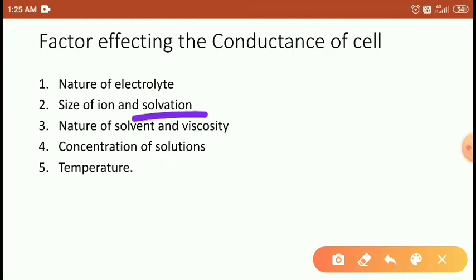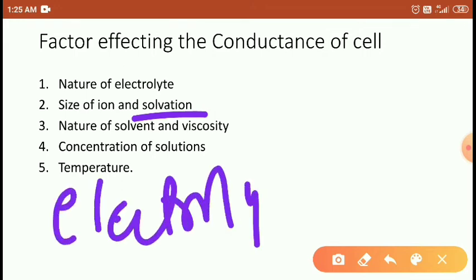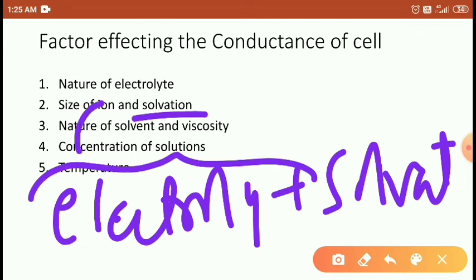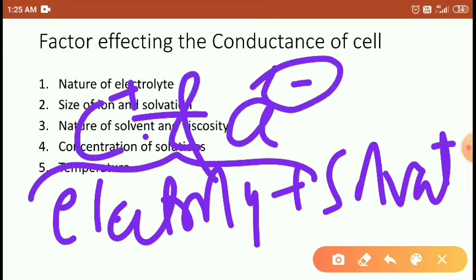Next is solvation. Solvation means that when a strong electrolyte is added to water, it reacts with the solvent. The electrolyte particle after dissociation forms cations and anions, and these cations and anions can interact with the solvent.